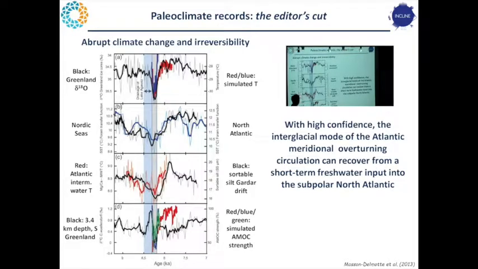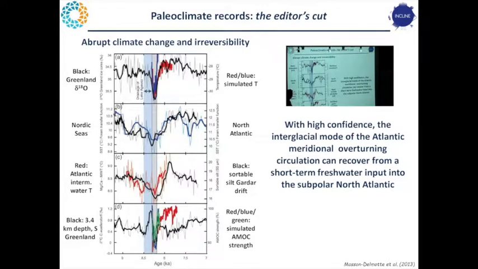Let's now go back to abrupt climate change and the possible irreversibility of some changes. And this is interesting because we can look into a specific event occurring at 8.2 thousand years before the present that was abrupt and that caused significant changes in the strength of that circulation I mentioned to you. It decreases a lot.